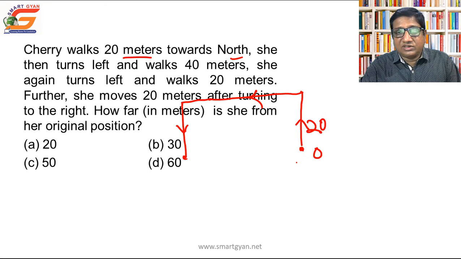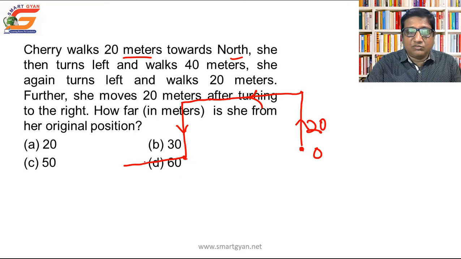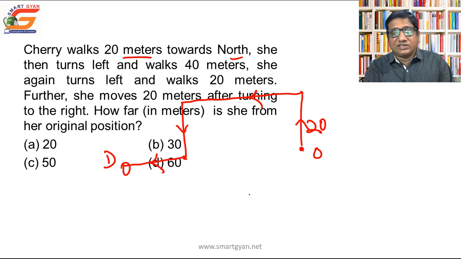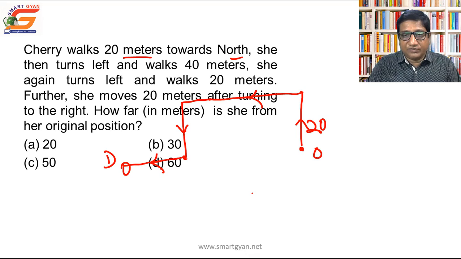Further she moves 20 meters after turning to the right. Turning to the right, further she moves 20 meters and here she reached, this is the destination. How far is she from her original position? So this side is 20, this is 20 and this is 40.